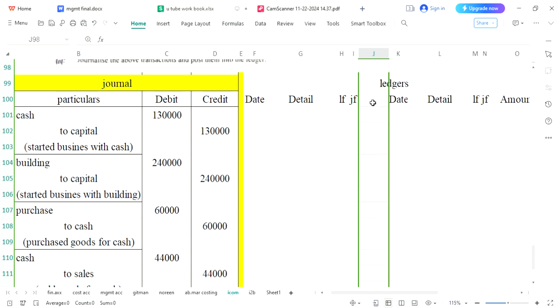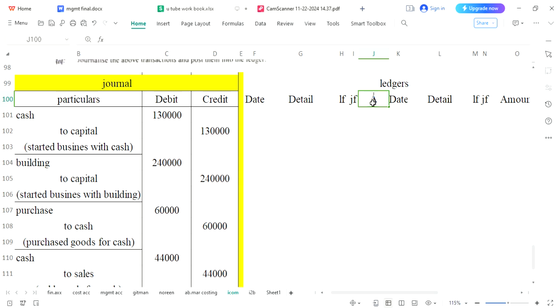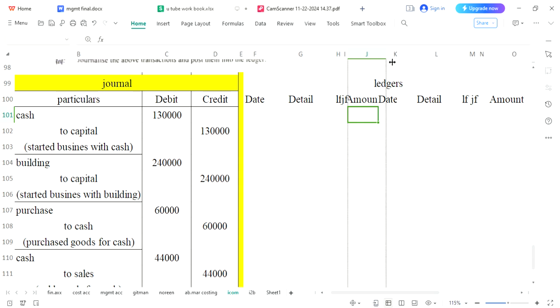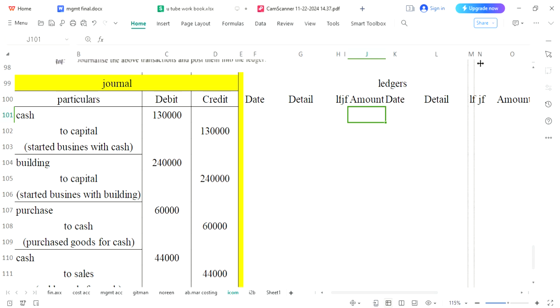Here you are going to put amount. So finally it has been completed. I'm going to make little more space. So these journal folio and ledger folios, these are normally not used. So we are taking less space for it. Again, in the similar way, ledger folio and journal folios would not be used.